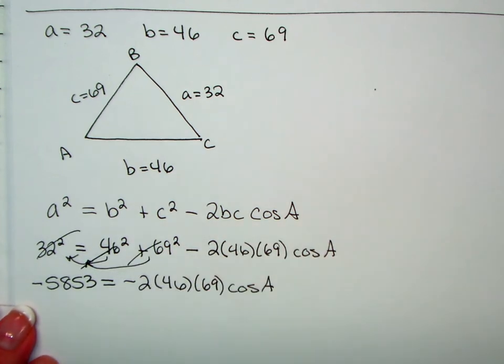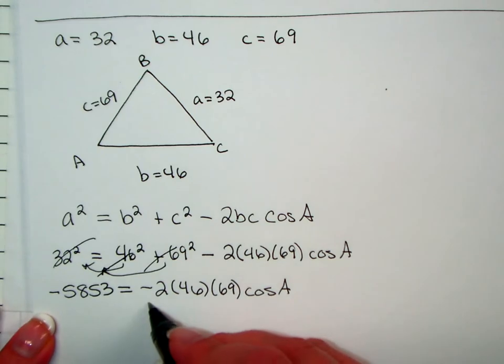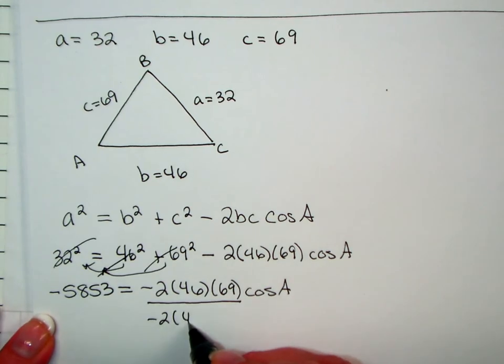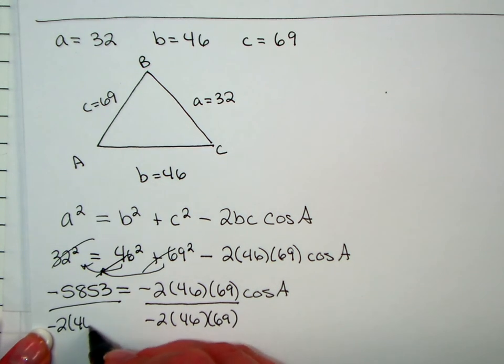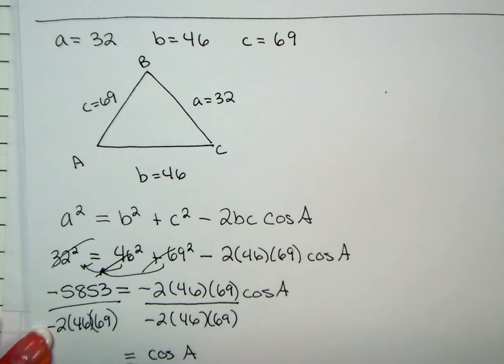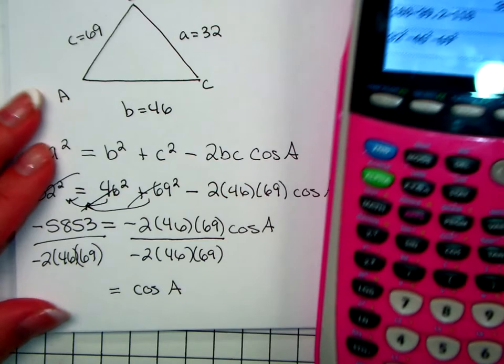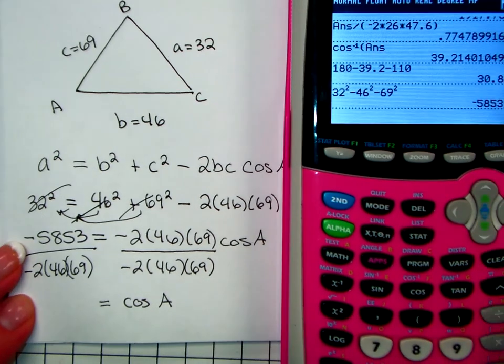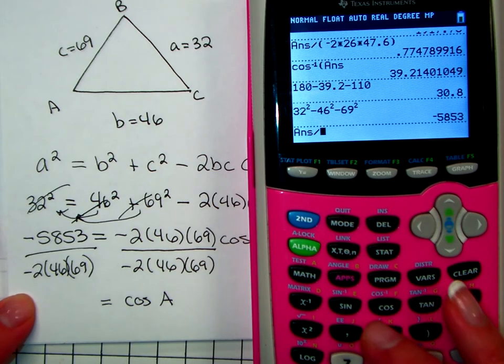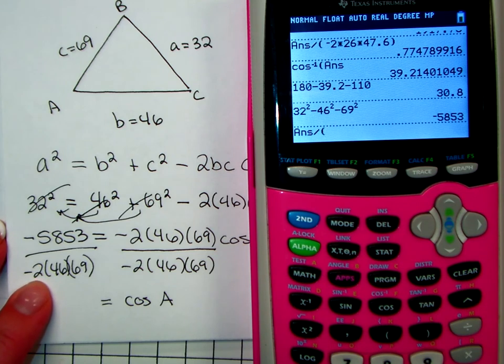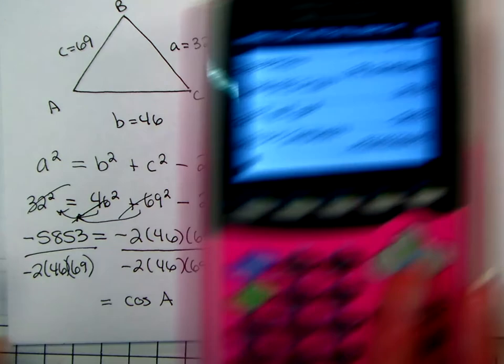All right, so now to solve for cosine A, I'm going to divide by negative 2 times 46 times 69. So negative 5853. Okay, the answer being divided by 3 terms here. So I'm going to put them in parentheses. Negative 2 times 46 times 69 is 0.922.